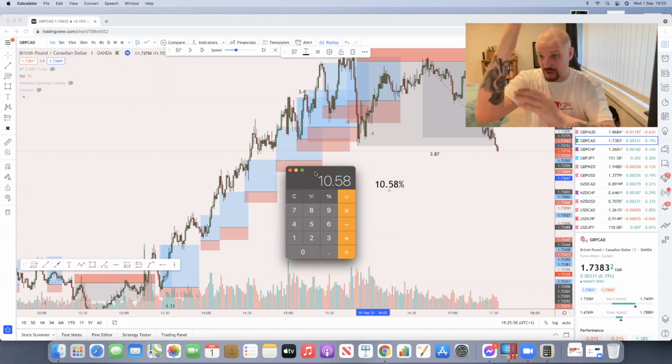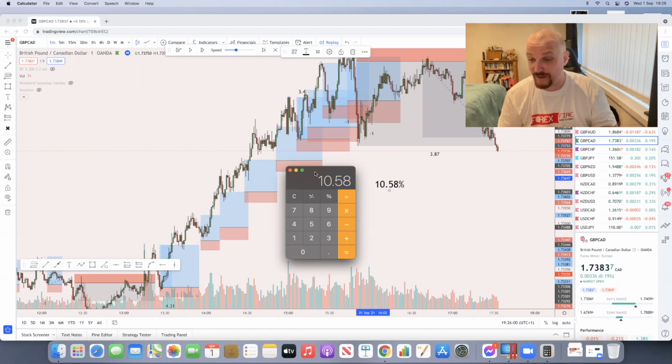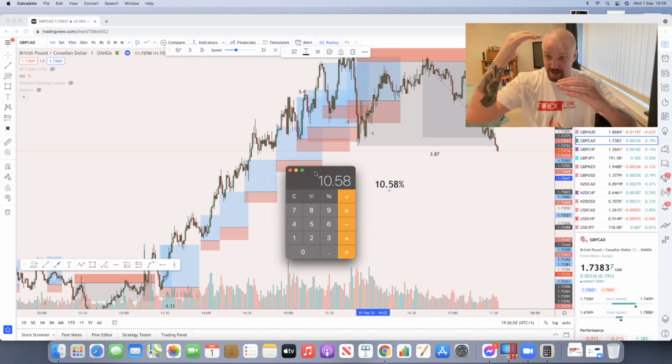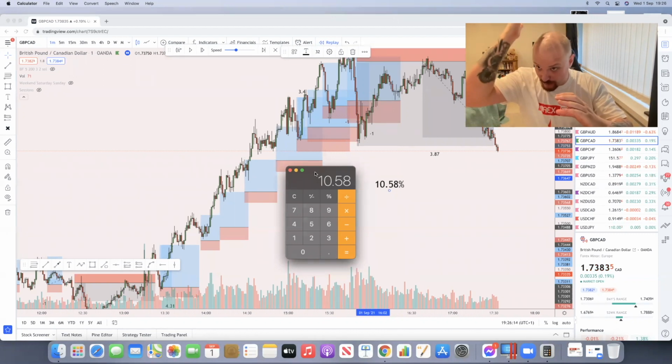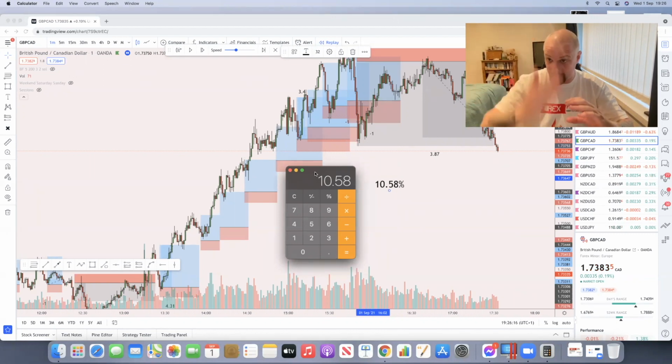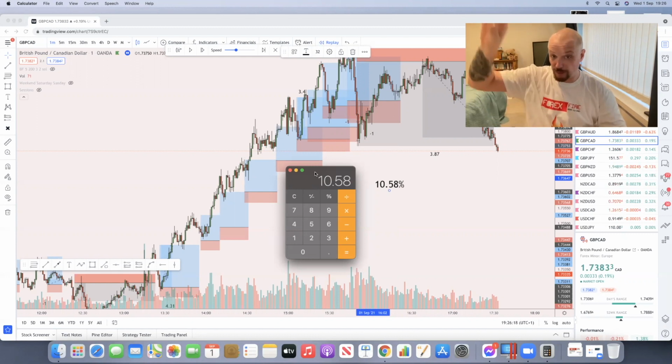After that break of structure, it comes back down to fill in inefficiency, whether it's at the body of the open or whether it's 50%. But again, the trade would not become void until that contractual order block is invalid by breaking through it.